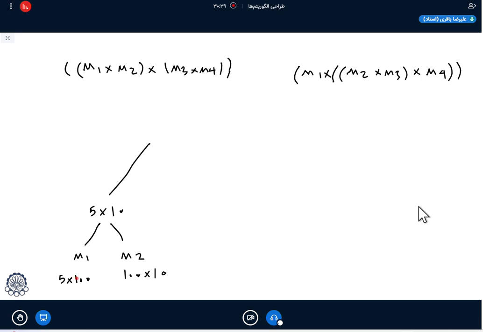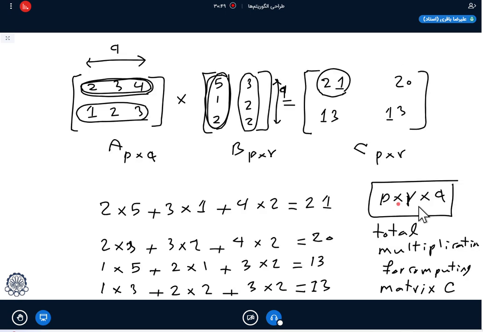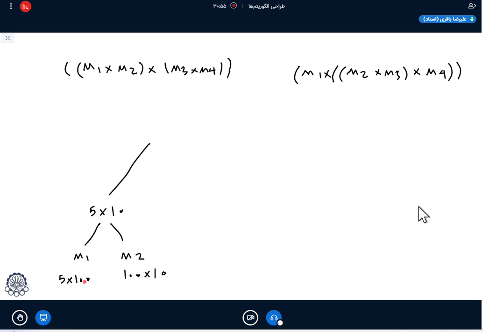How many multiplications are done when we multiply m1 by m2? As we said in the previous slide, PRQ multiplications are done.